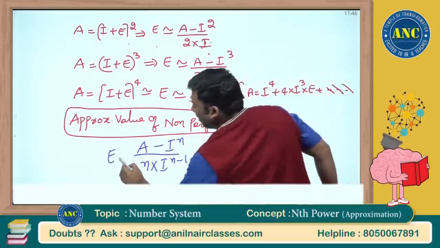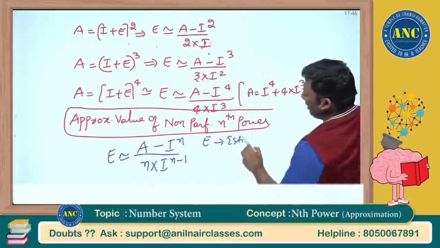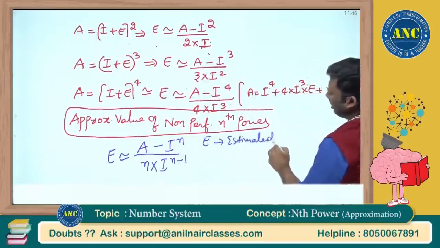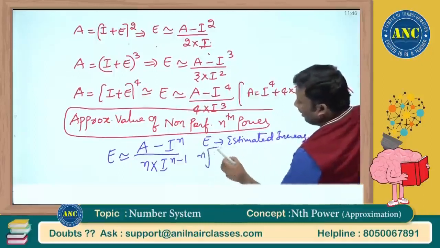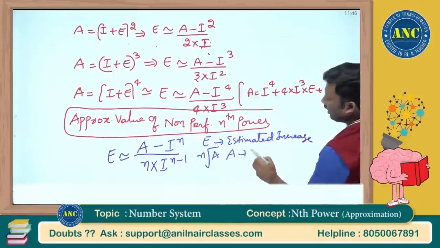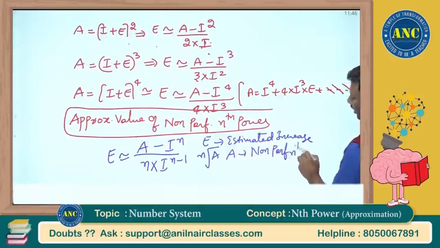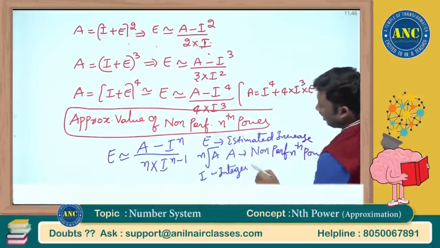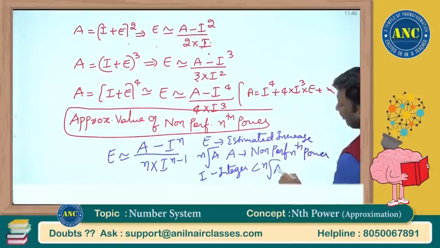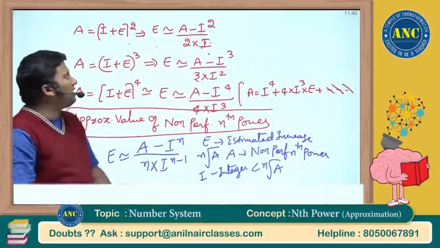E is nothing but an estimated increase in the nth root of A. A is the non-perfect nth power. I is the integer just less than the nth root of A. I hope the concept is clear to you.